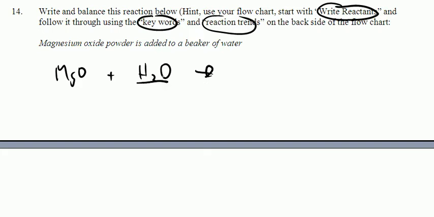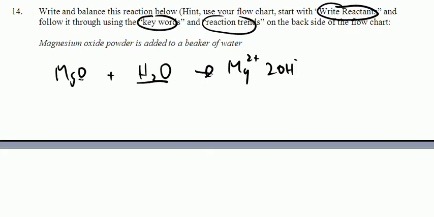We go on the other side, and we find that when metal oxides react with water, we have the metal connected to hydroxide in its soluble form. So on the trends sheet, it had sodium. We're going to replace that with magnesium, and we are good to go there. I believe that is all we need to balance it.